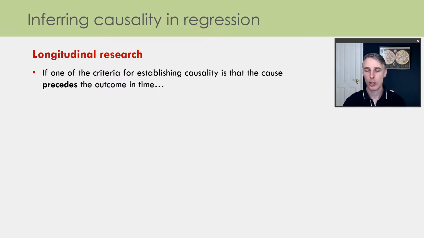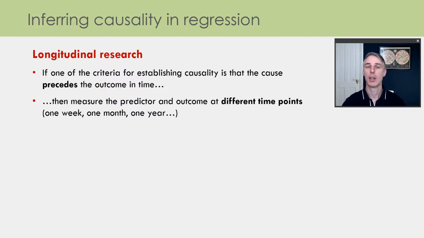So one other alternative is longitudinal research. And the basic premise here is that, well, if one of the criteria for establishing causality is that the cause precedes the outcome in time, okay, the cause has to happen before the effect, then perhaps we can just measure a predictor and an outcome at different time points.